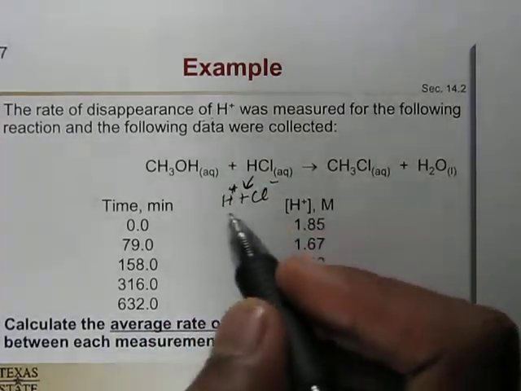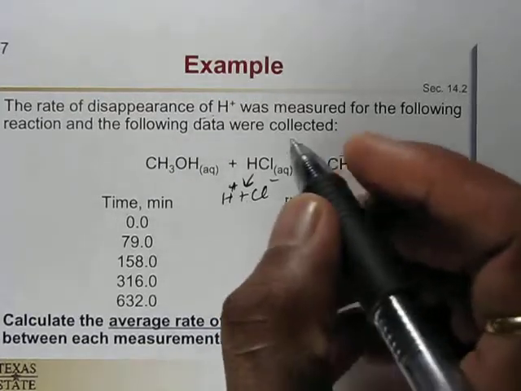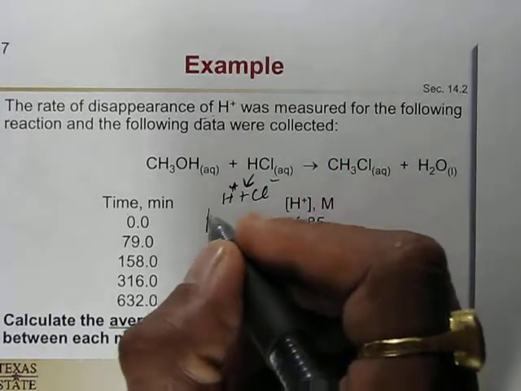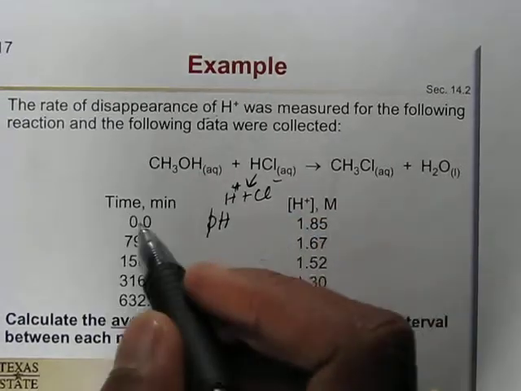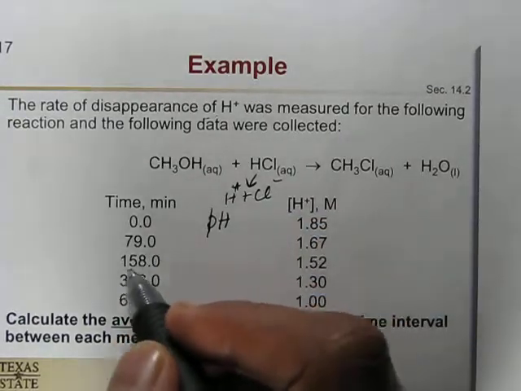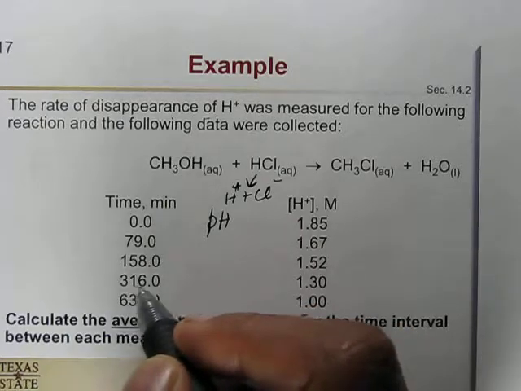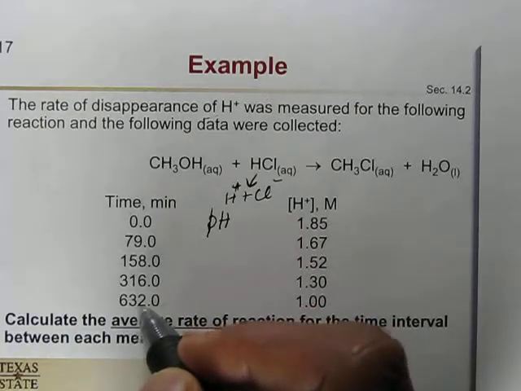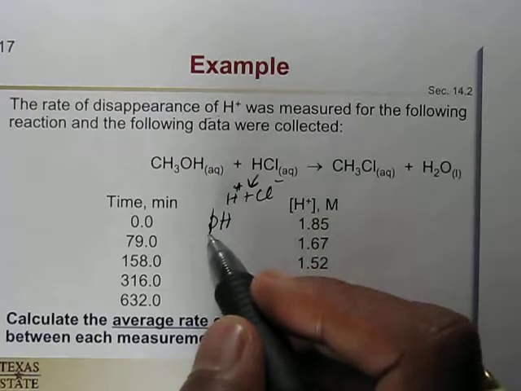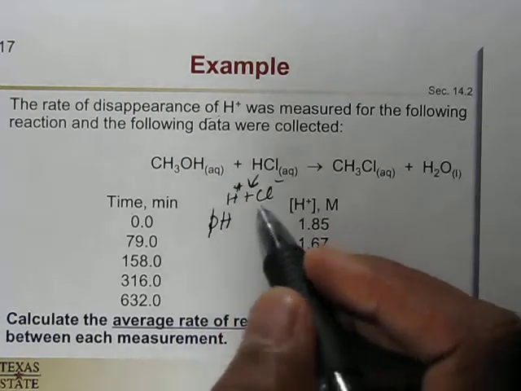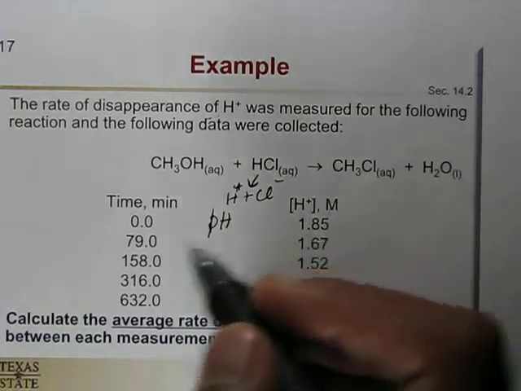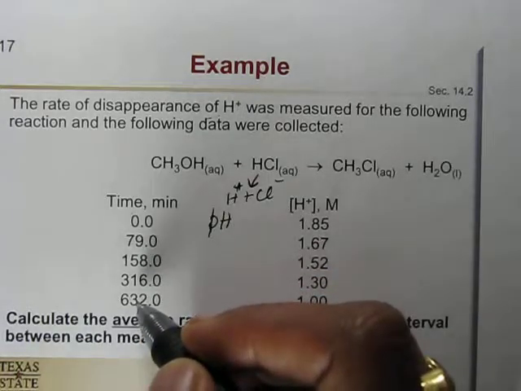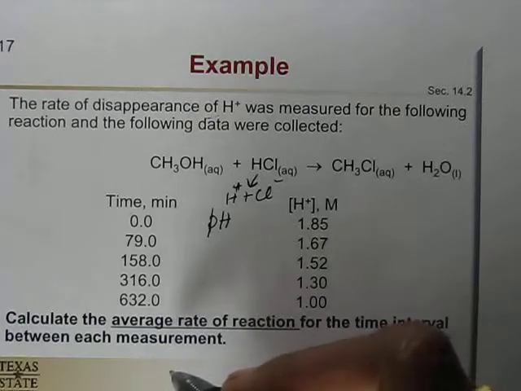and the hydrogen ion concentration you can calculate through the pH, right? Through pH measurement you can measure the pH at 0 minute, 79 minute, 158 minute, 316 minute, 632 minute, and once you know the pH, you can back calculate how much hydrogen ion concentration there will be at these times.